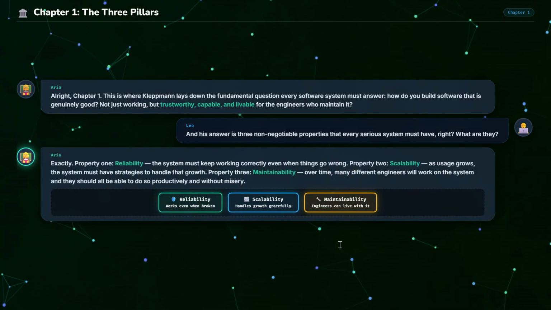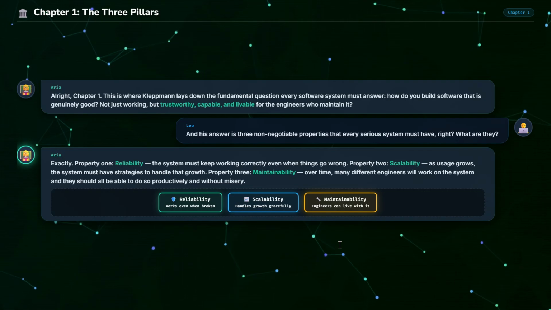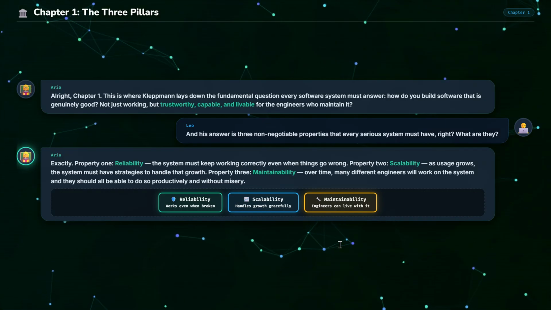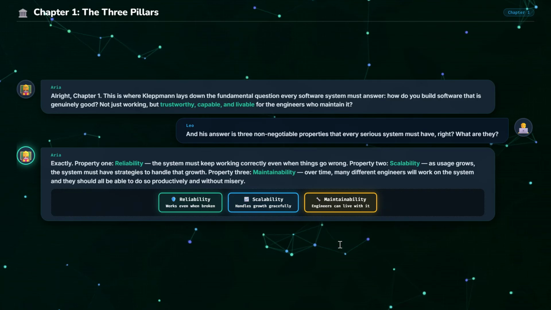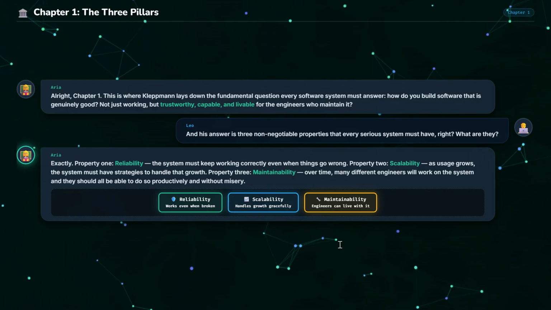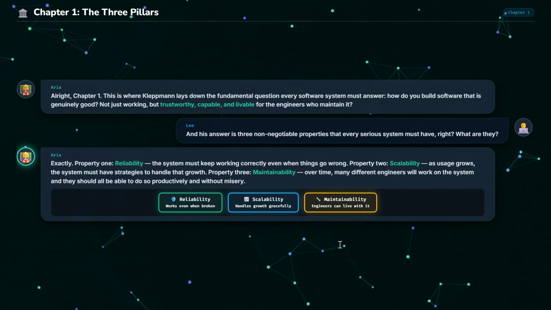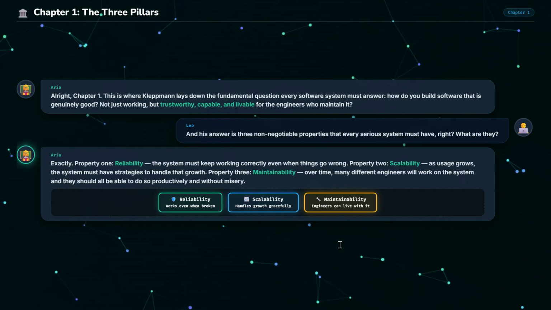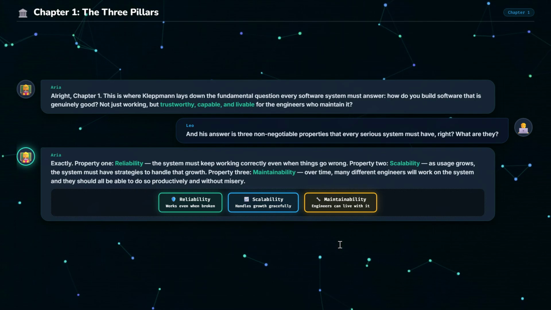Property 1. Reliability. The system must continue working correctly even when things go wrong. Hardware breaks. Code has bugs. And humans make mistakes, but the user should never notice any of it. Property 2. Scalability.